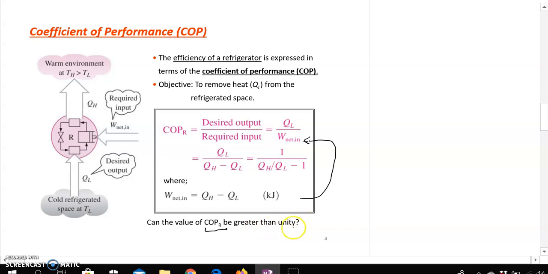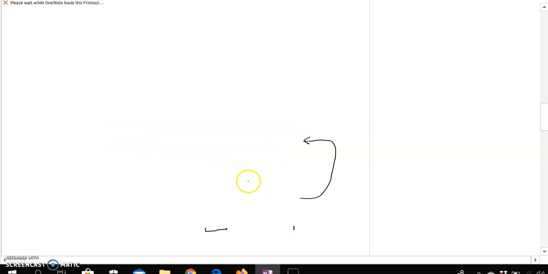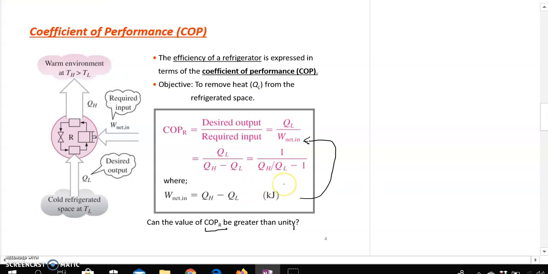Unity is 1. If your COPR is greater than 1, that means the amount of heat removed from the refrigerated space is greater than your work input. QL is bigger than W net in. This is the case where you have COPR greater than 1.